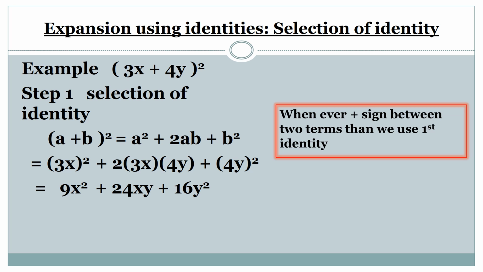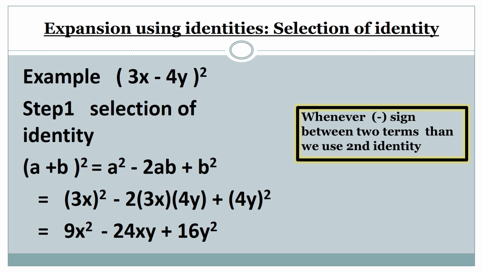After that, you take the square of the second term, then plus 2 into a into b. I am again repeating, students, the common mistake of students is when they take the square of (3x) whole square, they take the square of 3, but they do not take the square of x, that will be wrong. So you must take the square of both. 3 square will become 9 and x square will become x square.